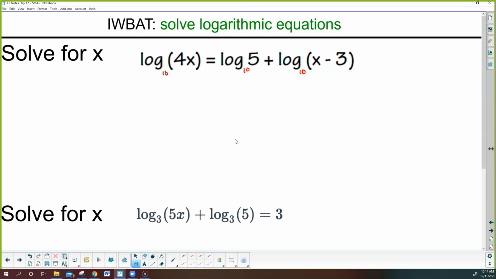We're not going to try to trick you right now. Every Delta Math problem I've checked out always has the same base. But I have too many things with logs going on right now. I want to make them condensed, and that's the first thing we're going to do here.